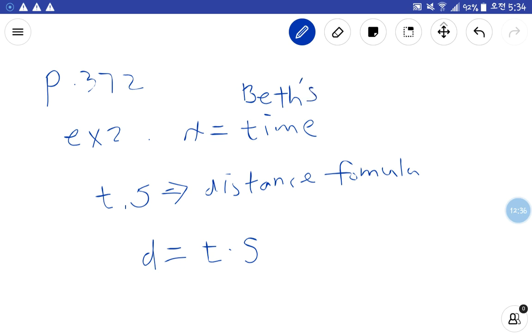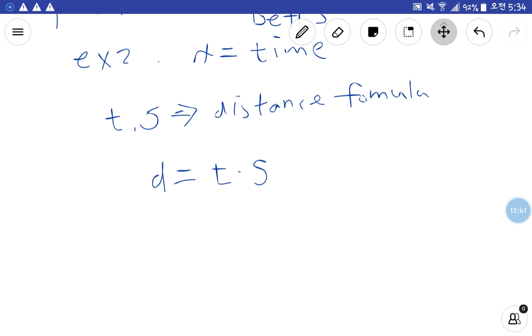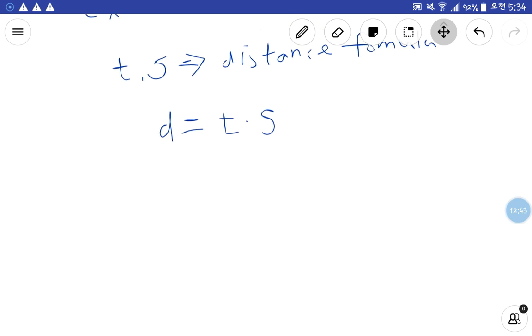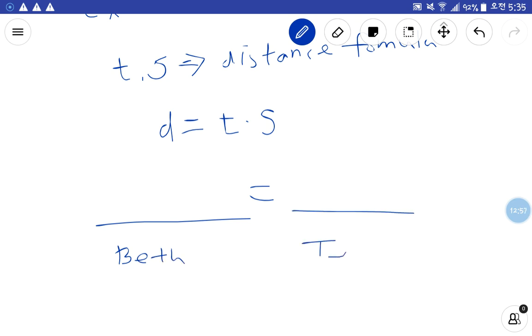Then now what? Since we know that Beth and Ted travel the same distance, the product of time and speed needs to be exactly equal. So one side is for Beth, and the other one is for Ted, right?